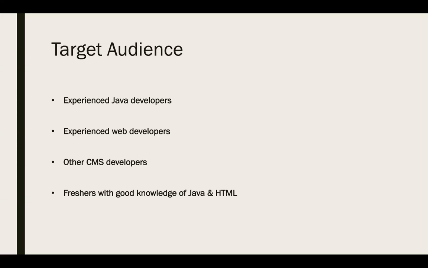Experienced Java developers find it easy to become a full stack developer or a backend developer. Of course, experienced web developer means it could be a full stack or the front end. And if you worked on another CMS system, it's easy to compare and contrast and transition over. Then, of course, we also encourage freshers, if they come with a good knowledge of Java and HTML, they can learn AEM.